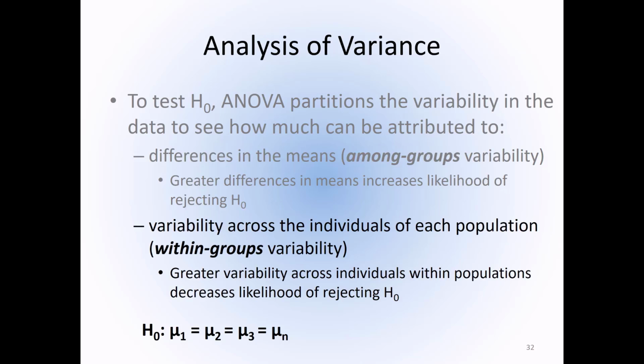But if we have more variability within these groups, within these salinity regimes or within these estuaries, well then it might be that the differences we're observing are not necessarily due to the differences across the treatments or the groups or the levels. It's more likely that we're just seeing inherent variability within our data set. And so we'll have a lower likelihood of rejecting that null hypothesis.